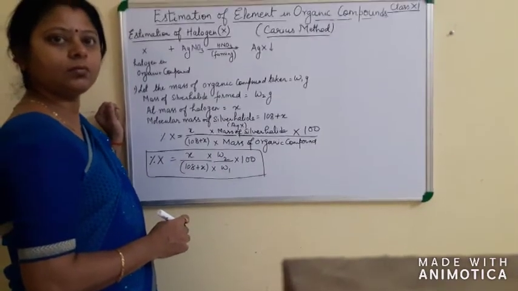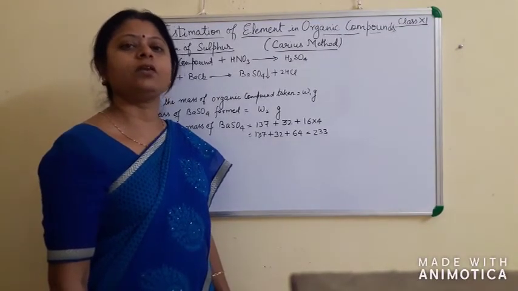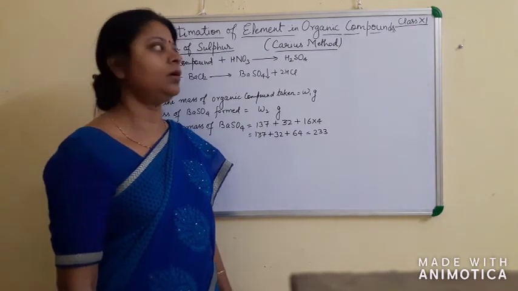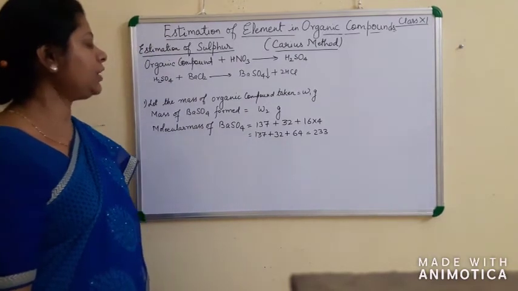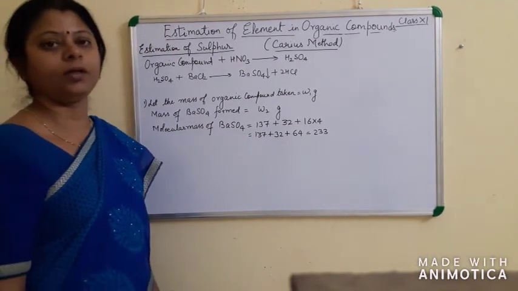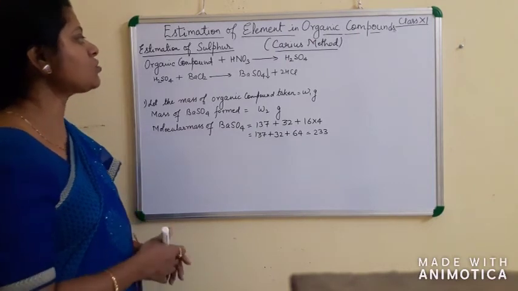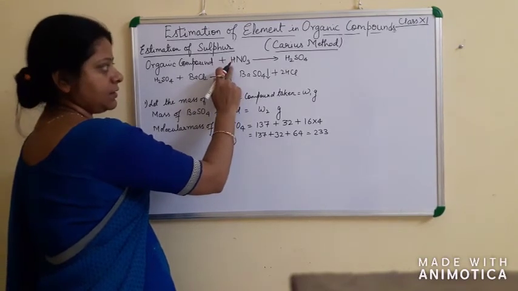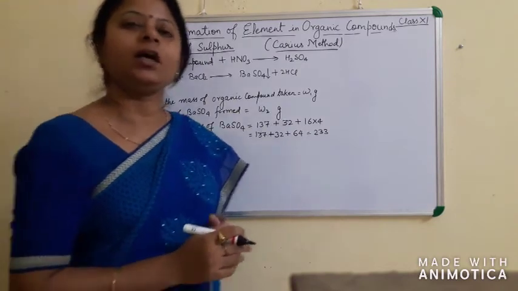Next, sometimes sulfur is present in an organic compound. To estimate sulfur by Carius method, we take the organic compound in the Carius tube and heat it in the presence of fuming nitric acid, as fuming nitric acid is a strong oxidizing agent.